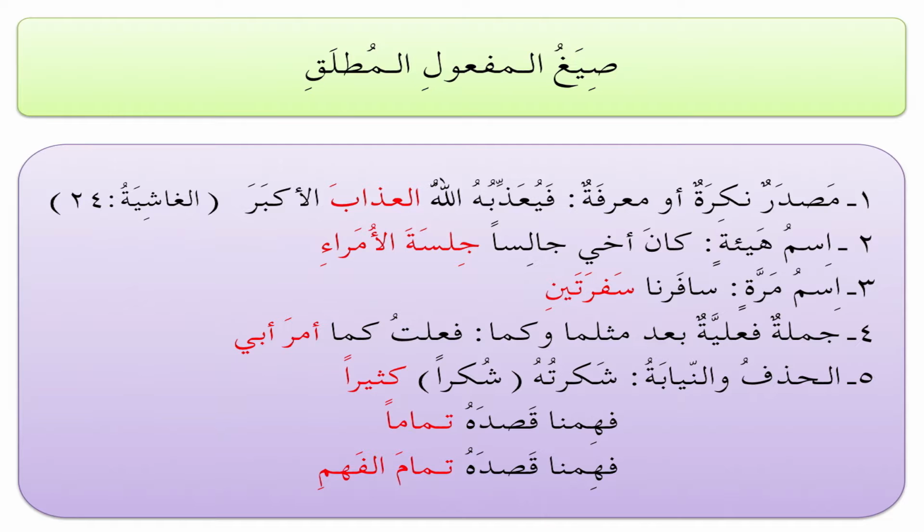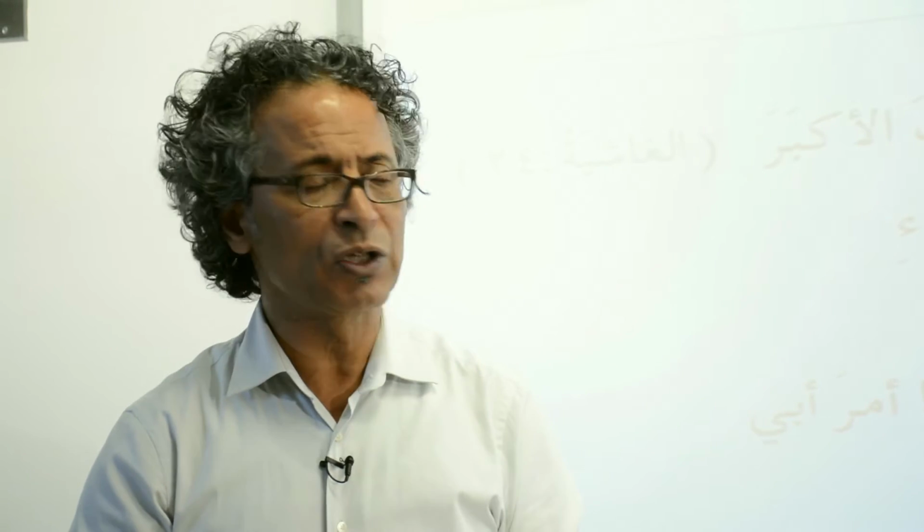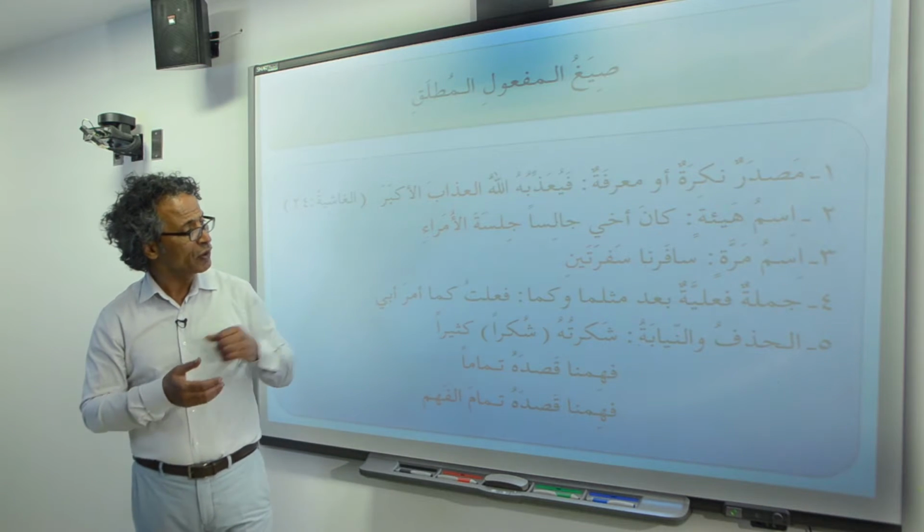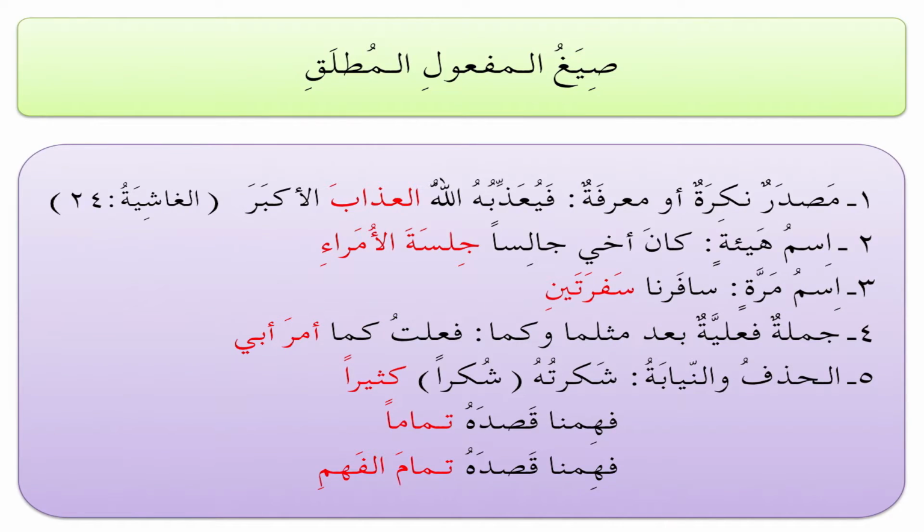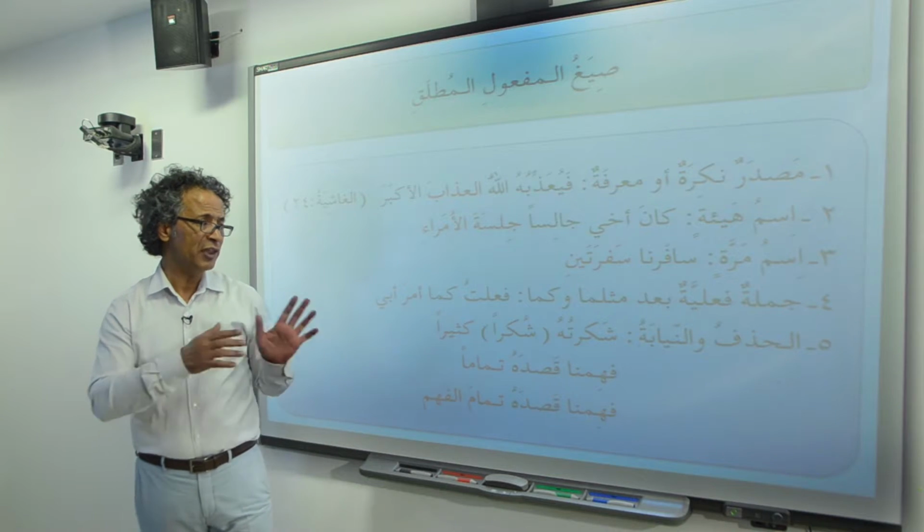الحذف والنيابة. So there are other ways in which omission occurs, or you have something that acts as a deputy or replaces المفعول المطلق. Look at the following examples. شكرته كثيرا. So here we put the word شكرا between parentheses. Normally it's omitted. We say شكرته كثيرا.